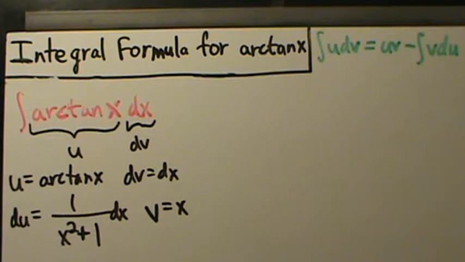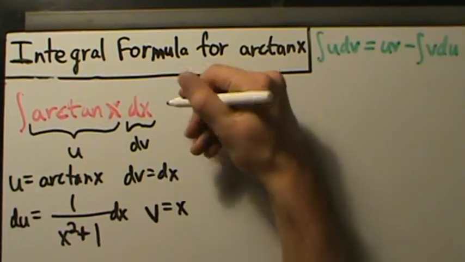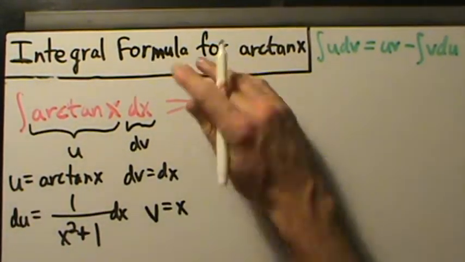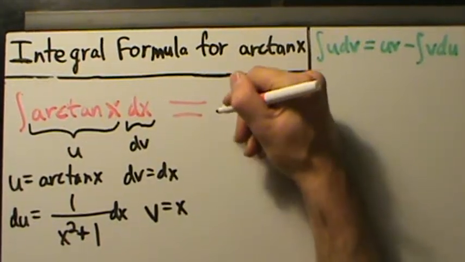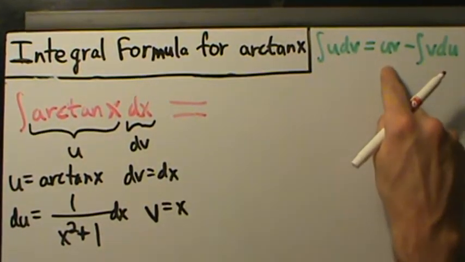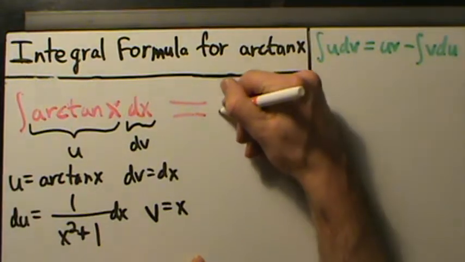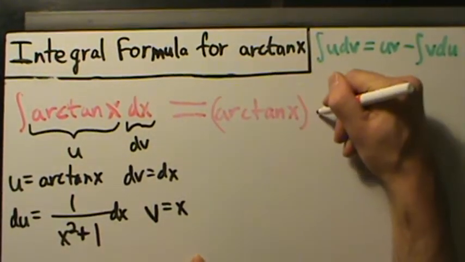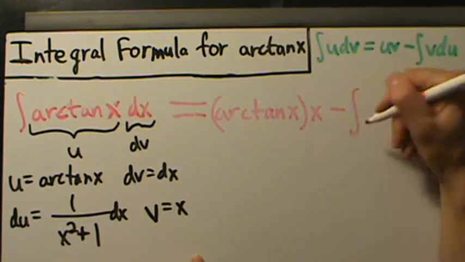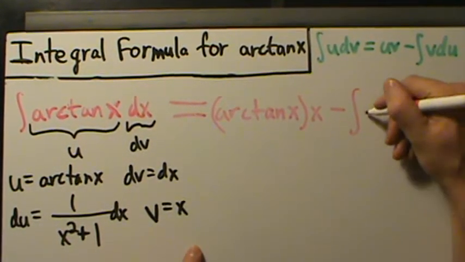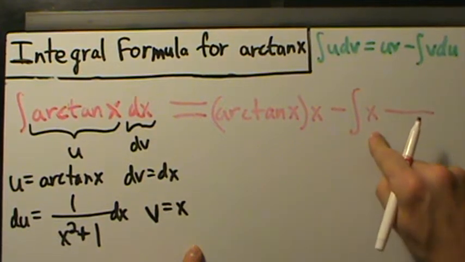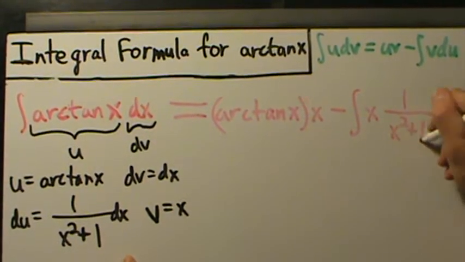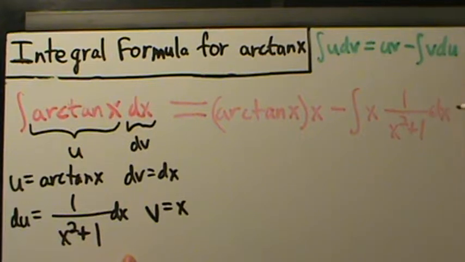Alright, let's continue. Using the integration by parts formula, the integral of u dv equals uv, which in this case is arctan of x times x, minus the integral of v du, so minus the integral of x times 1 over x squared plus 1 dx.